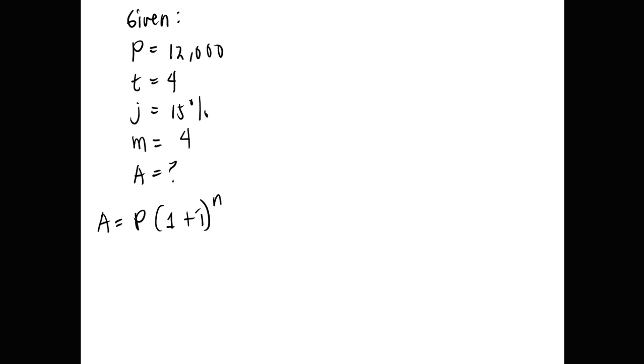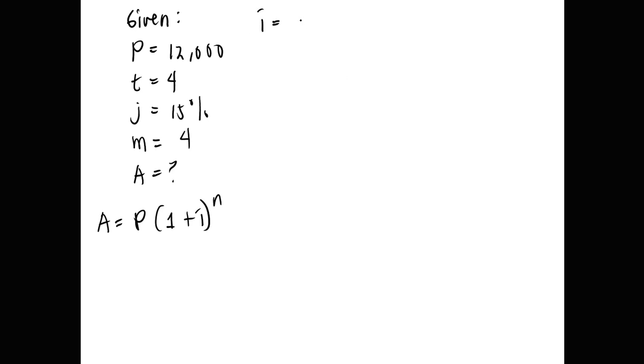Ayan. Okay. So, given natin sa future value, meron na tayong P, wala pa tayong I, wala pa tayong N. So, we need to solve first the I and N for us to be able to solve for the future value. So, hanapin muna natin si I. Ano ang formula ng I?